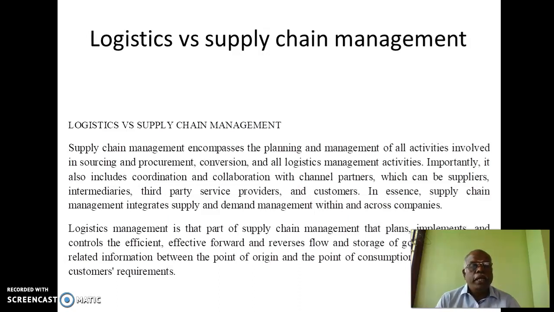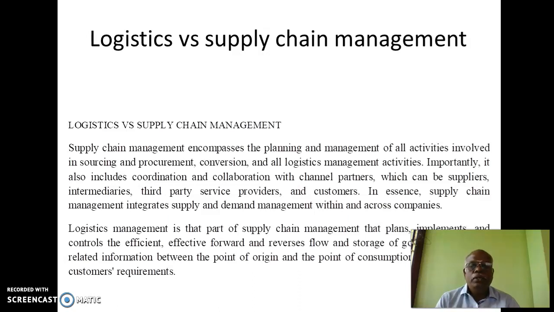So supply chain management is a holistic approach which includes all the jobs related to the production of particular goods or products. It starts from sourcing the raw materials and converting them into a product and then moving the product to the market.